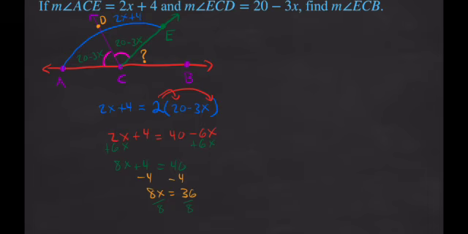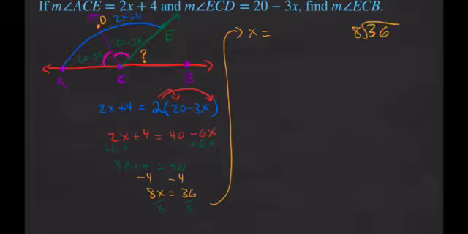So we are going to end up with x being not quite a nice number. 36 divided by 8. 8 goes into 36 four times, so let's write 4. 4 times 8 is 32, and we have a remainder of 4.